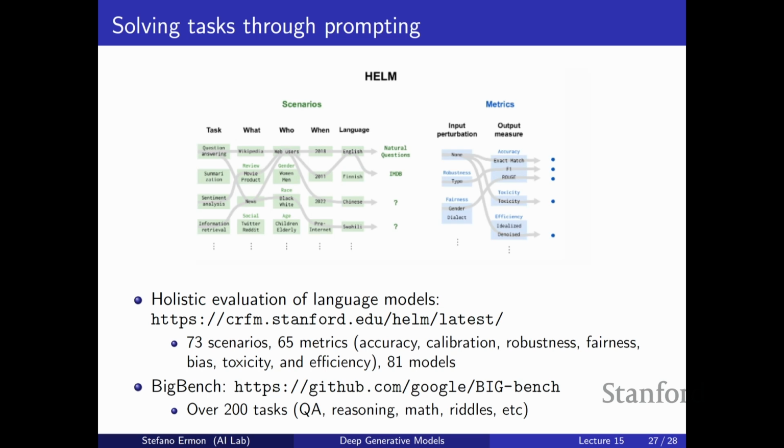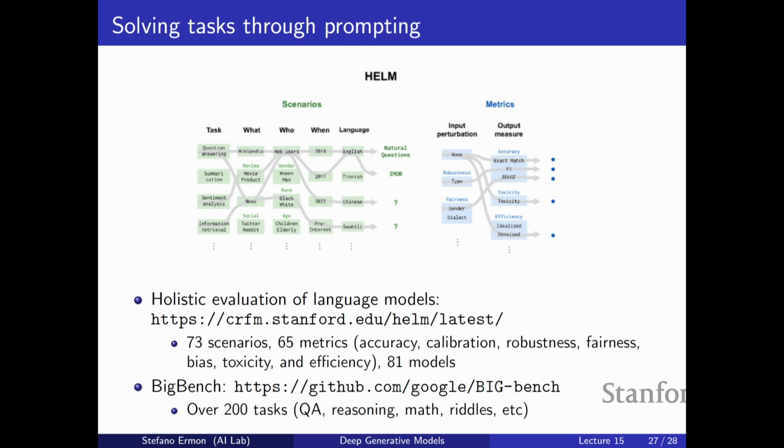Maybe what we care about is all these scenarios where we might want to ask questions to the language model, or ask it to do movie reviews for us, or whatever it is that we care about, or do math, or solve riddles for us, or do question answering. And so again, this is a space where it's not clear what is the right task to consider.